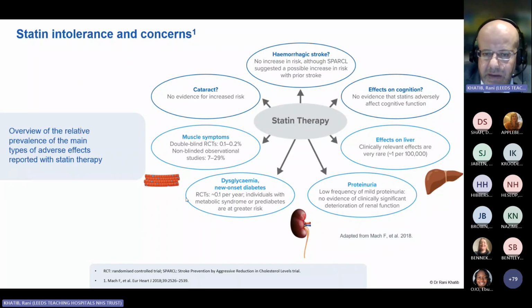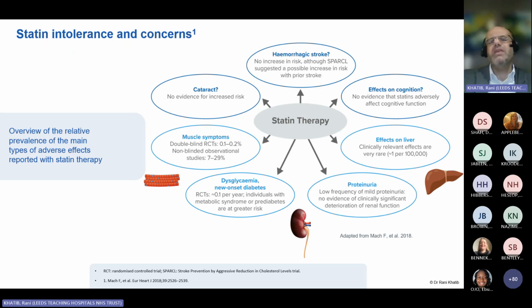The dysglycemia, a new onset of diabetes, seems to be more prevalent in patients who have pre-diabetes or metabolic syndrome, and seems to be associated with high-intensity statins. But imagine this: if you've got 10,000 patients whose LDL cholesterol we lowered by 1 to 2 millimoles, you're going to save nearly over 1,000 cardiovascular events, with a risk of developing diabetes in probably 100 of those patients. Most likely those were patients who had pre-diabetes or metabolic syndrome.